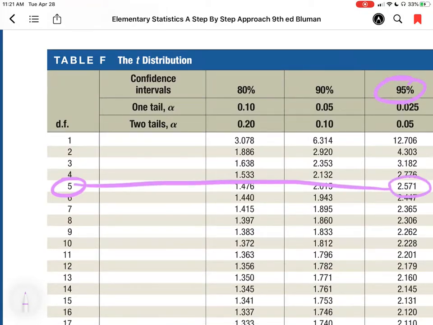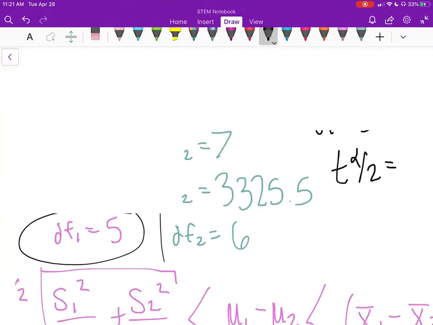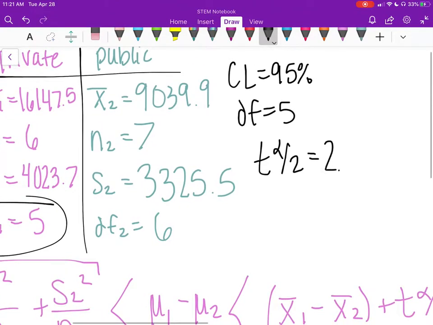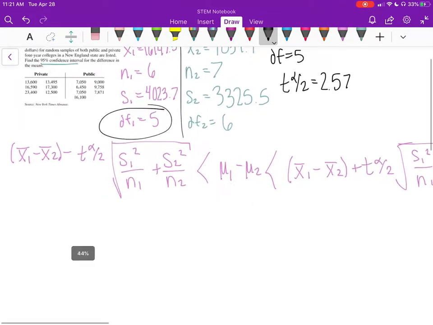So our critical value, or our t of alpha over 2, is 2.571. We're just going to use 2.57. Okay.